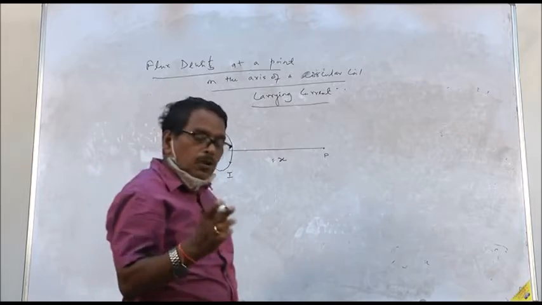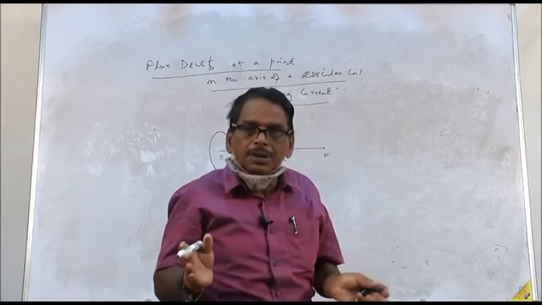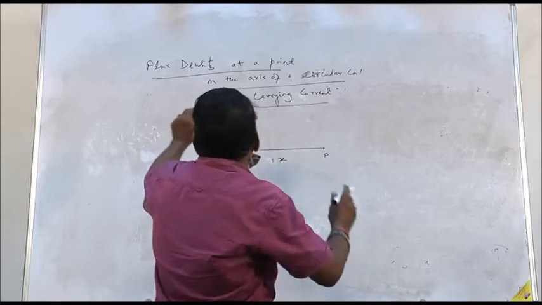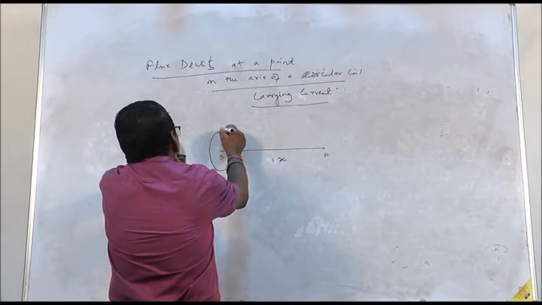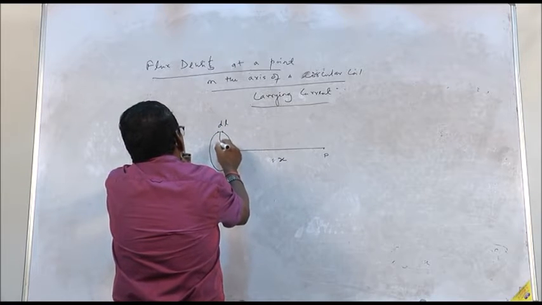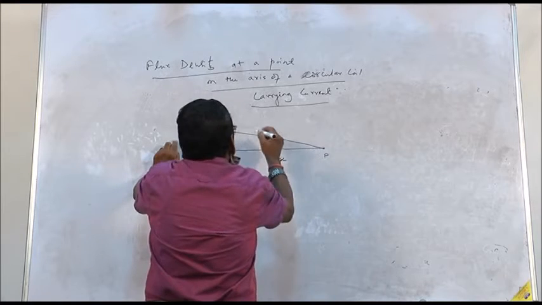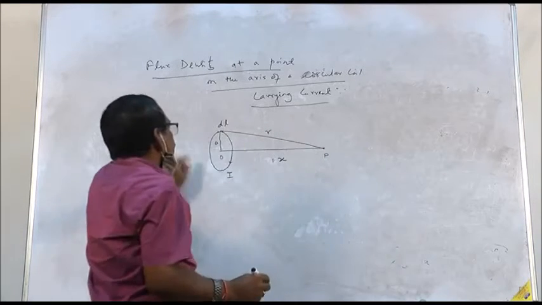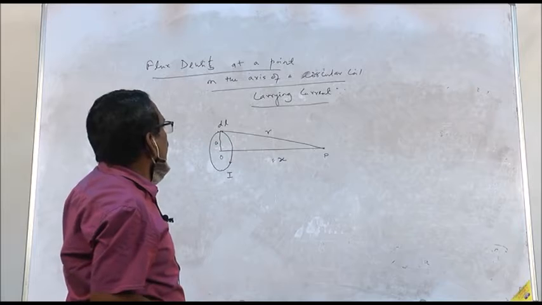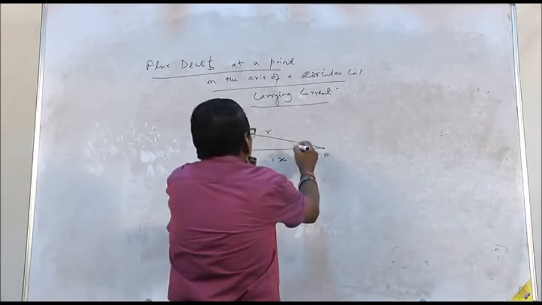Let us take a small element of the conductor, find out the flux density due to the small element according to Biot-Savart law, then for the entire coil we integrate it. Small element of the conductor dl, radius of the coil is A, this distance is r, this angle is alpha.